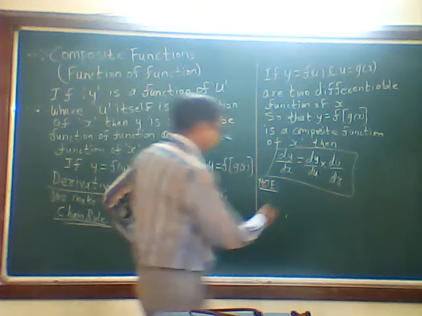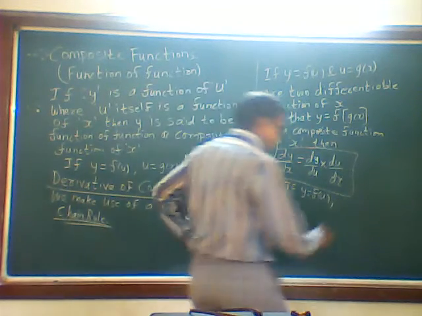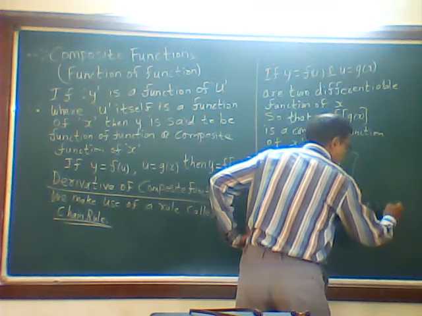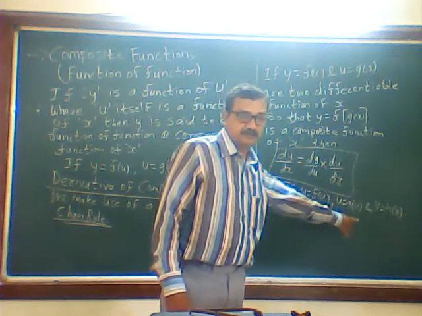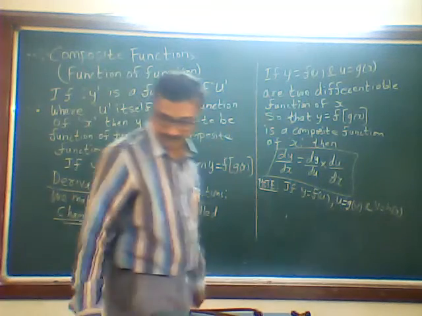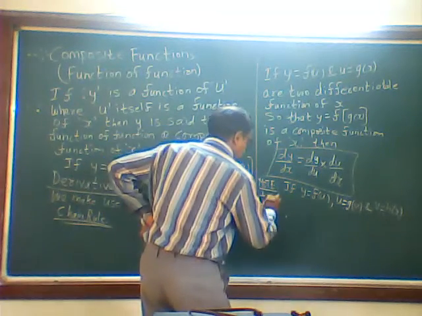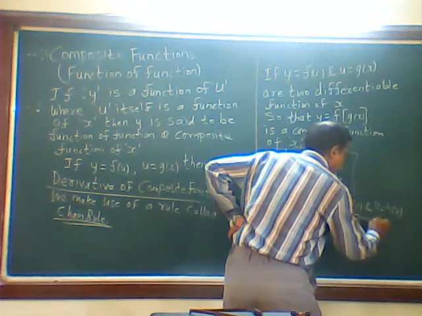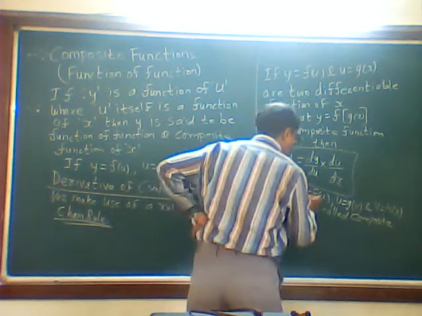If y is equal to f of u, u is equal to g of v, and v is equal to h of x, then also y is called a composite function of x.